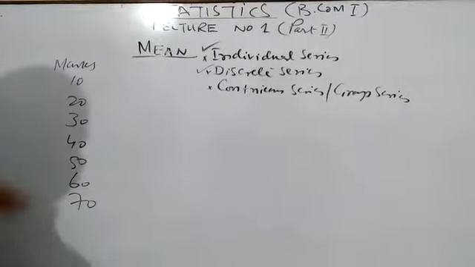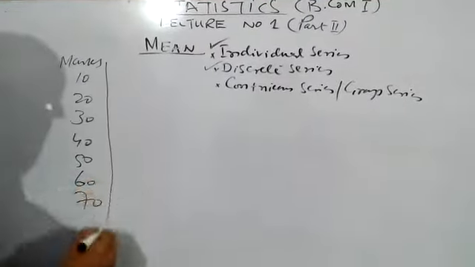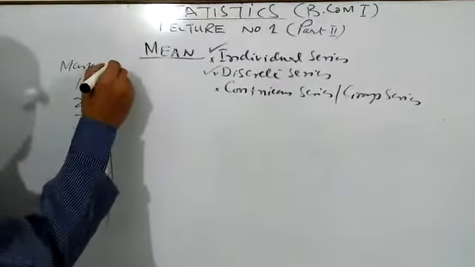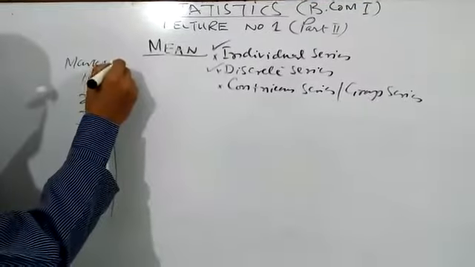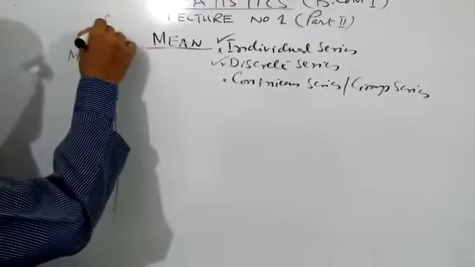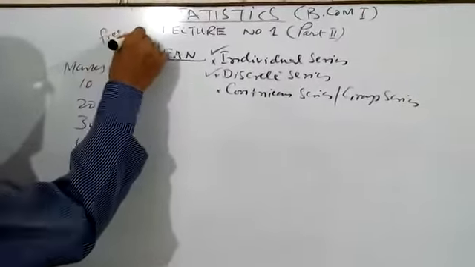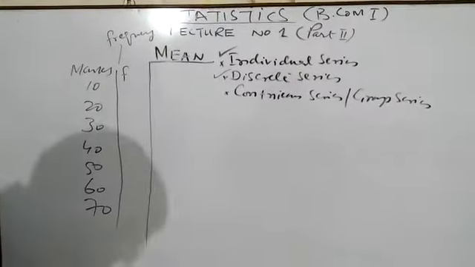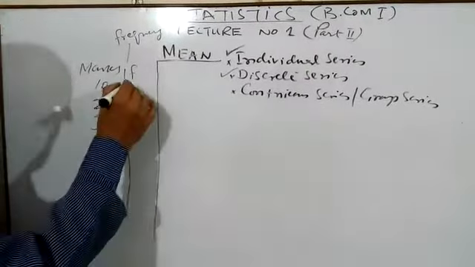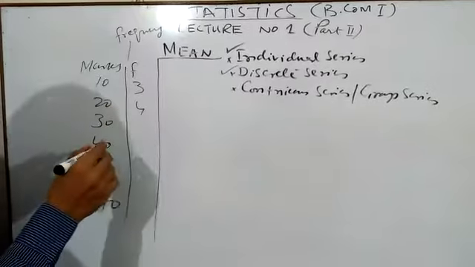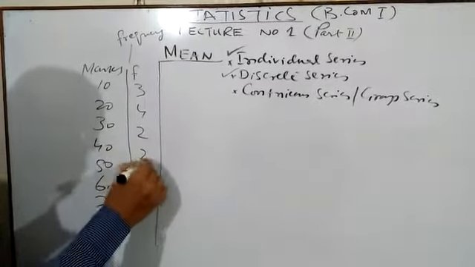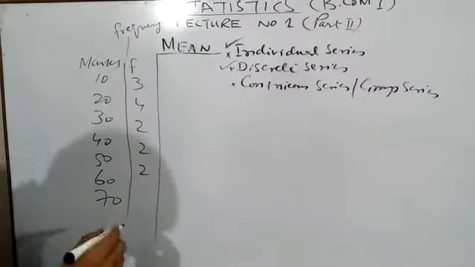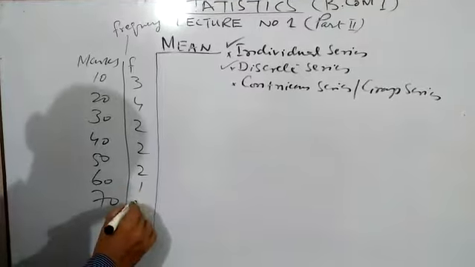There are 7 marks, and the other column in the discrete series is the F column. F denotes the frequency. The frequencies are 3, 4, 2, 2, 2, 1 and 3.